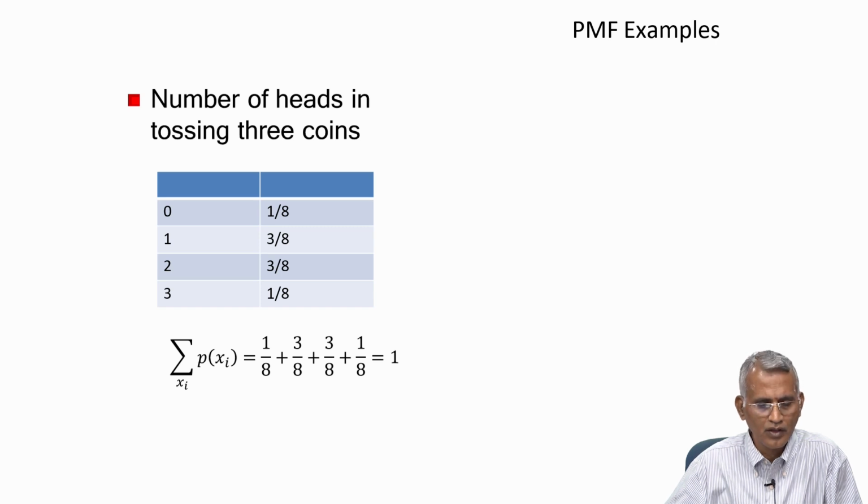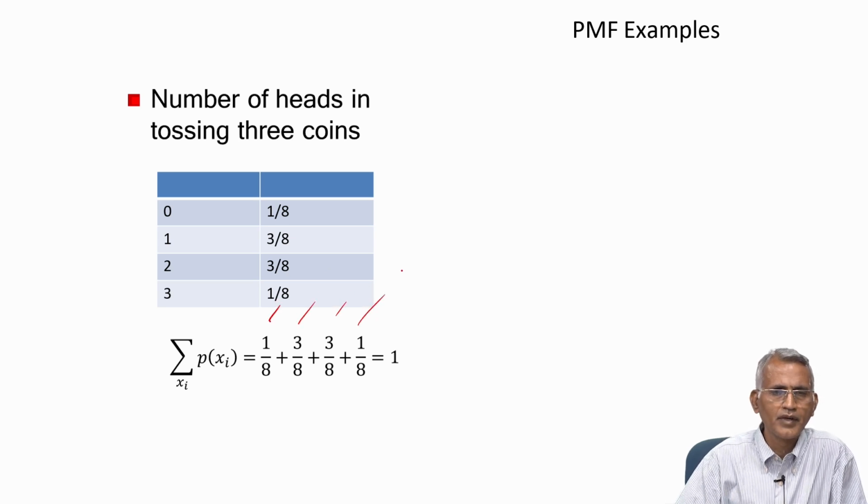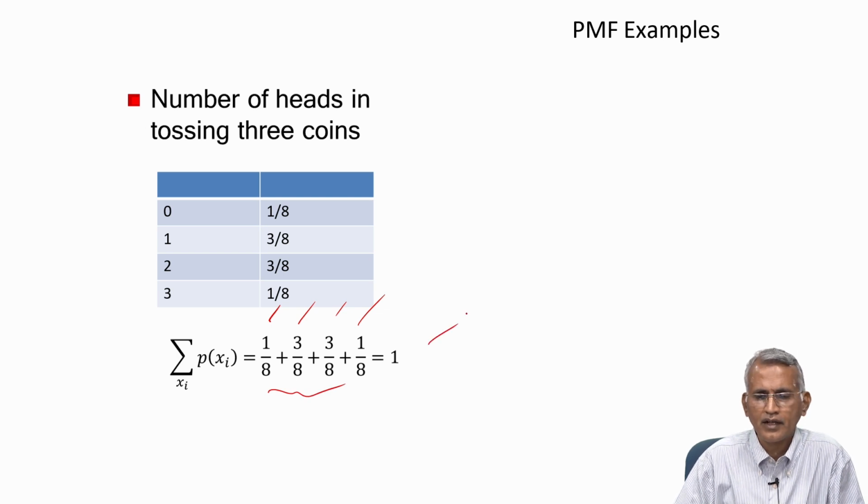Therefore the probabilities of x i are 1 by 8, 3 by 8, 3 by 8 plus 1 by 8, and the sum is 1. This way we can get the probability mass function for the number of heads in tossing 3 coins, where 0 stands for no head, then 1 head, 2 heads, 3 heads.